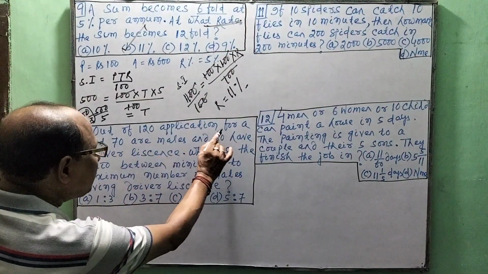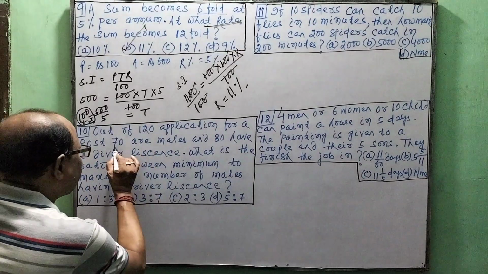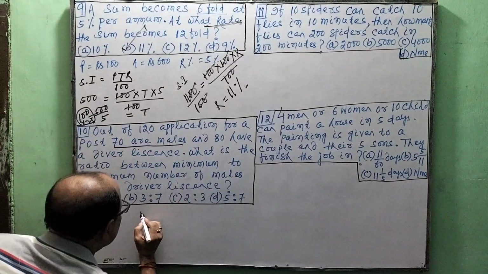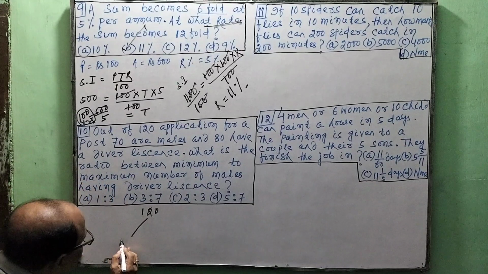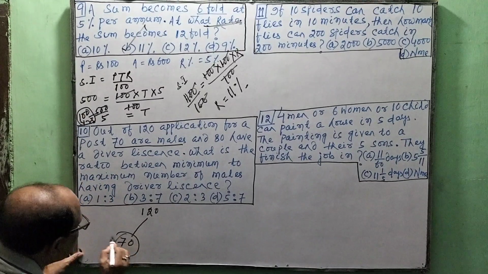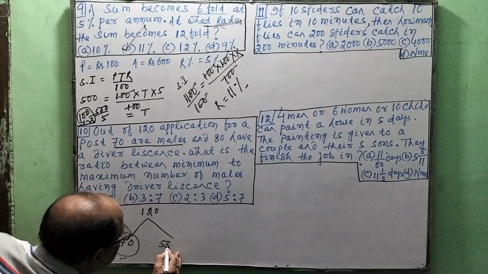Out of 120 applications for a post, 70 are males. So females must be 50.